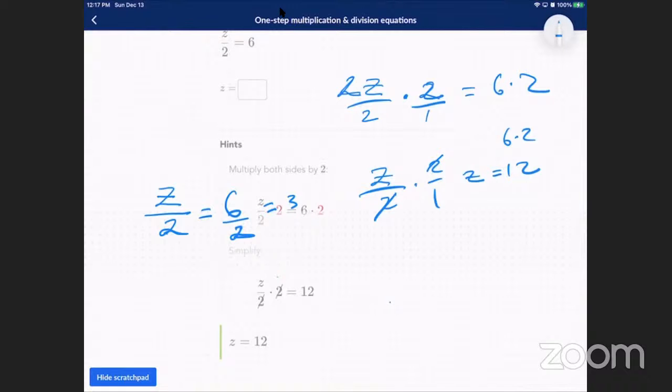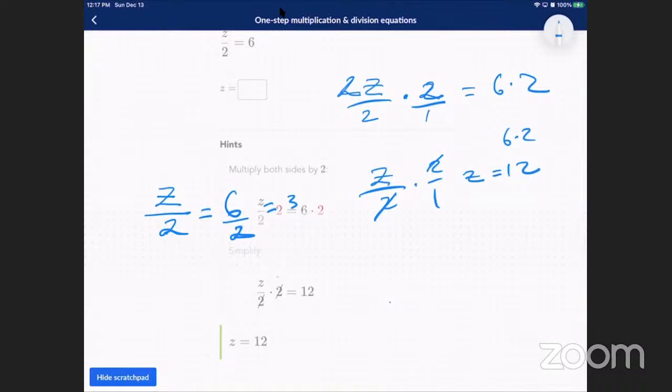Okay, so let's go ahead and run through that real quick one more time. If d over 4 equals 9, which basically means you would take 4 on both sides, which ends with 4d over 4 equals 9 times 4.